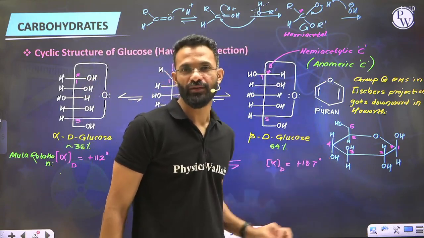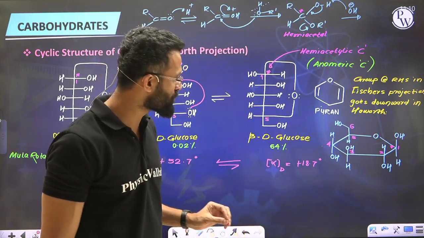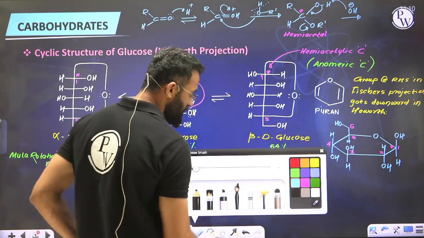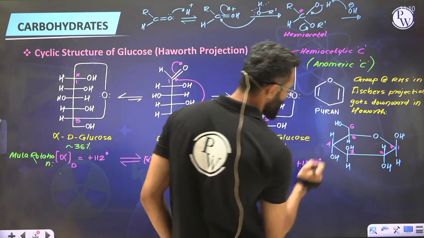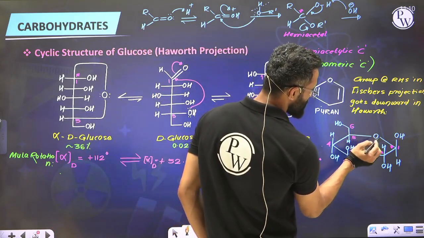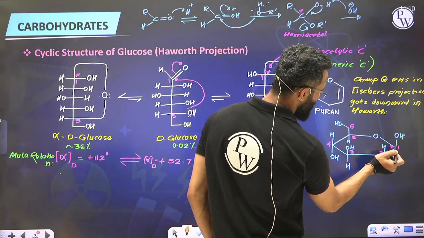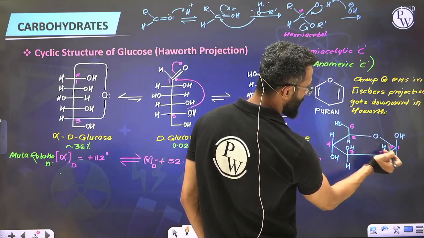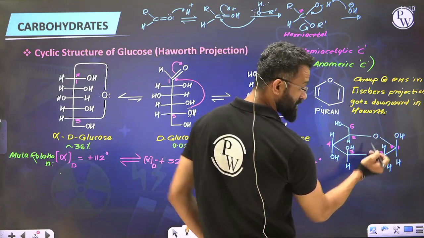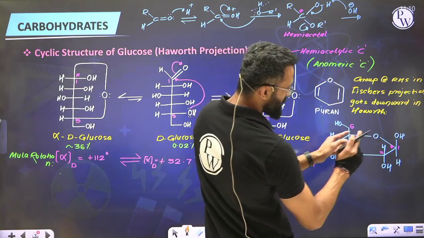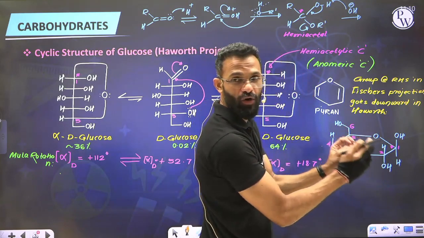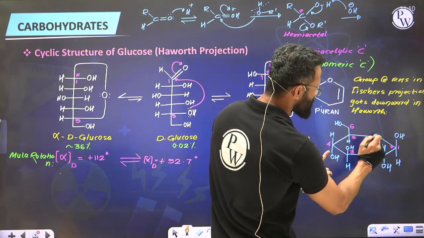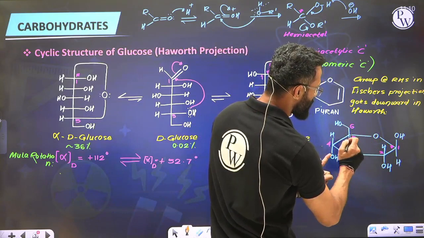Now let me tell you, this Haworth projection of glucose will be identified as beta because of this arrangement. Look at it carefully: carbon number 1 and carbon number 5 have flanked the oxygen atom. So you always have to look at the 2 carbons between which the oxygen atom is flanked, which are carbon number 1 and 5.